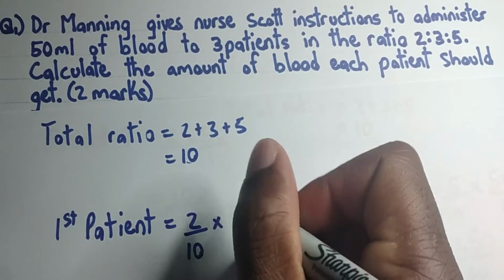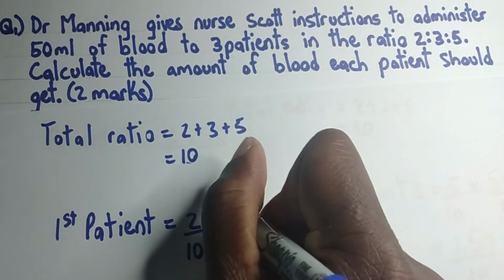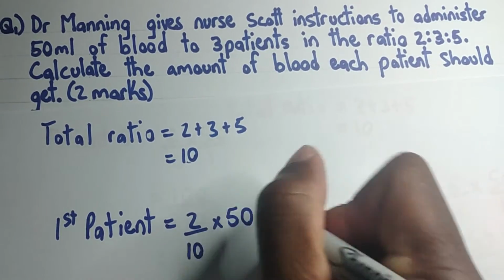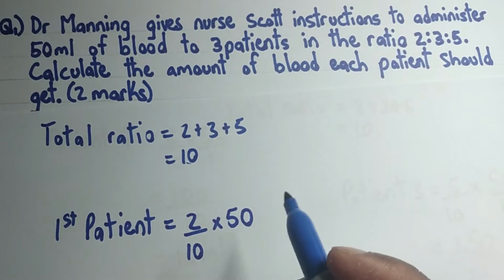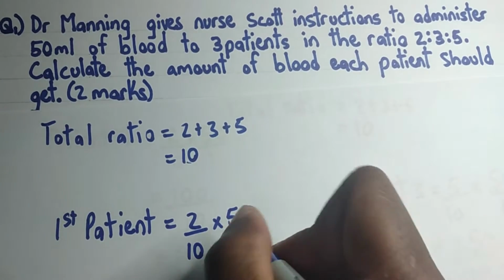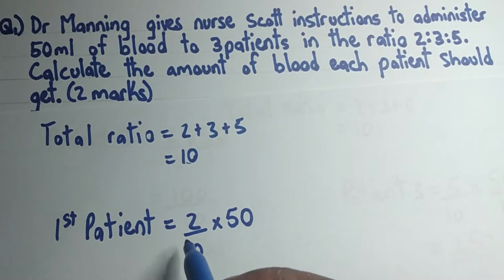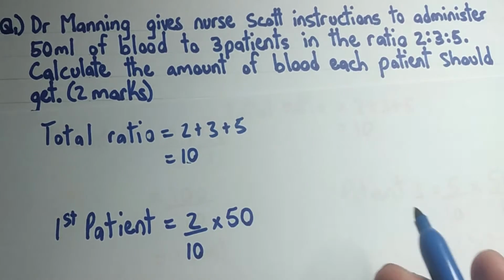And then we'll multiply that by the total amount of blood, which is 50 milliliters. And we don't have to put the unit in this thing as yet. And we could approach this in many different ways. We could have simplified from here, but of course, you can do that. You can simplify here. So 10 going to itself 1, 10 into 50 goes 5 times, 2 times 5, that would give us 10.